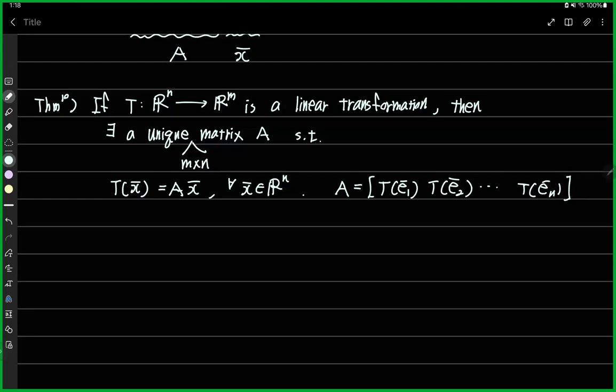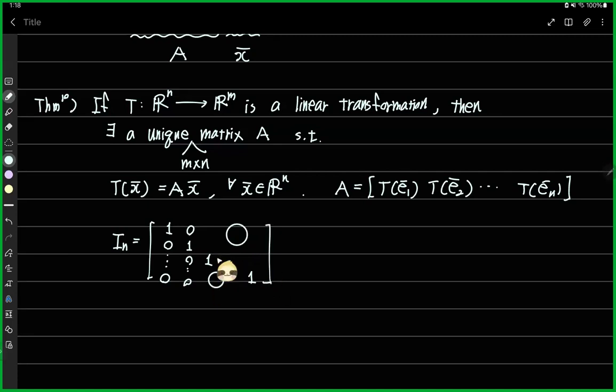Okay. So E1 through En are what? Standard basis vectors. Or you can say E1 through En are the column vectors of the identity matrix. Think about In. In is 1, 0 through 0, then 0, 1, 0 through 0.